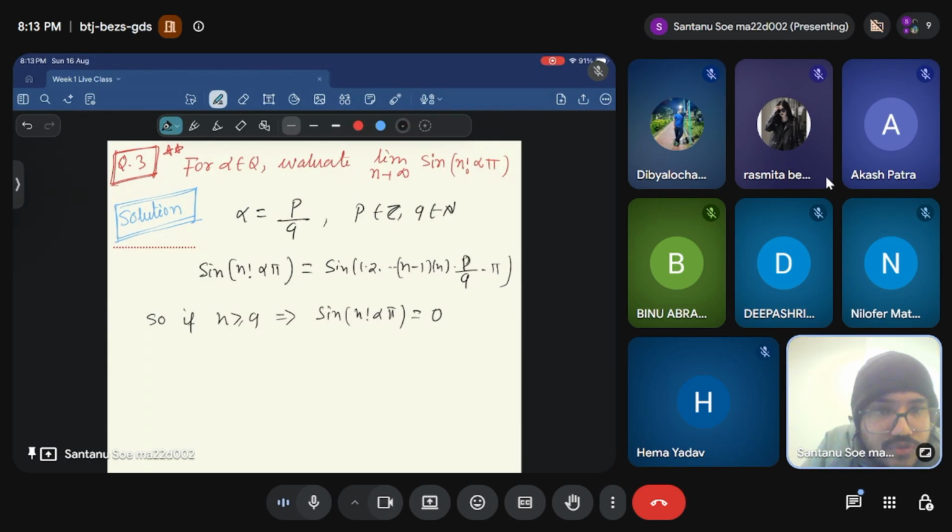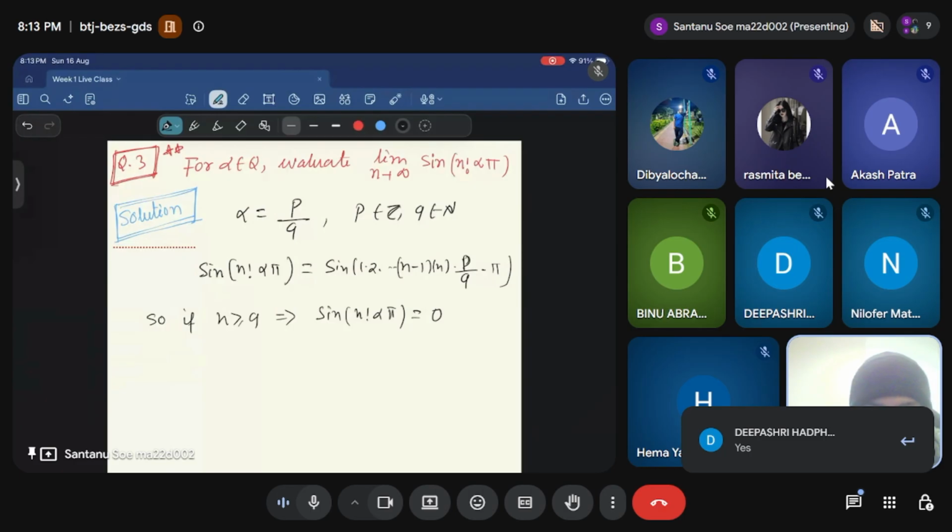So 1 to n factorial after cancelling out q will be a natural number. P is an integer, the product will be an integer, so an integer multiple of pi always gives 0, because we know sine of n pi is 0.